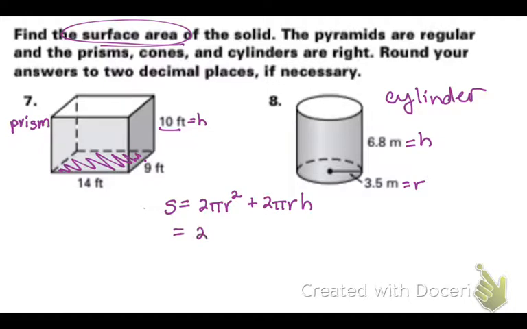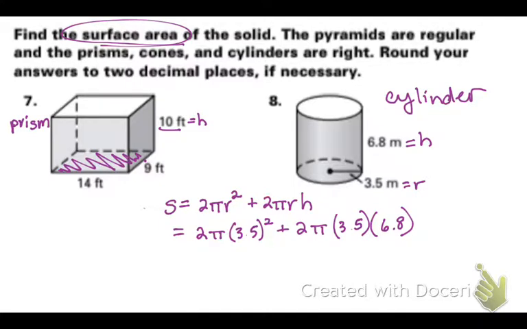So we have 2 times pi times 3.5 squared plus 2 times pi times 3.5. We're not squaring R this time, and we're multiplying it by H, which is 6.8.